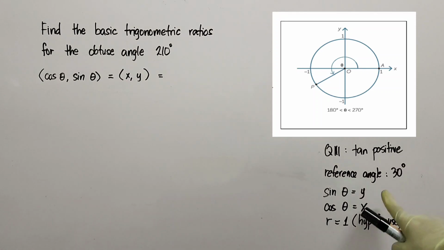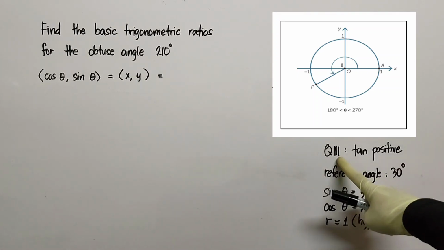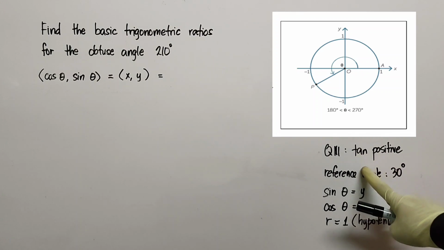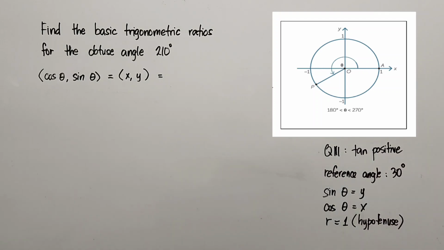And since the reference angle is 30 degrees, we will be using our hand in identifying the cos 30 degrees and the sine 30 degrees. Another thing that you need to keep in mind is that we are in quadrant 3. So only the tan and its inverse, which is the cotangent, are the positive ratios in this problem.